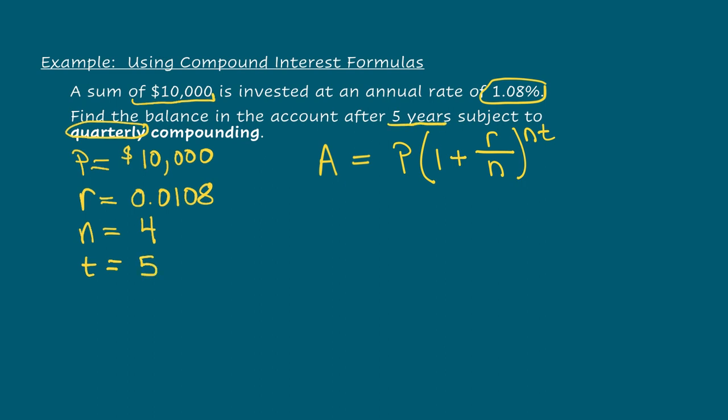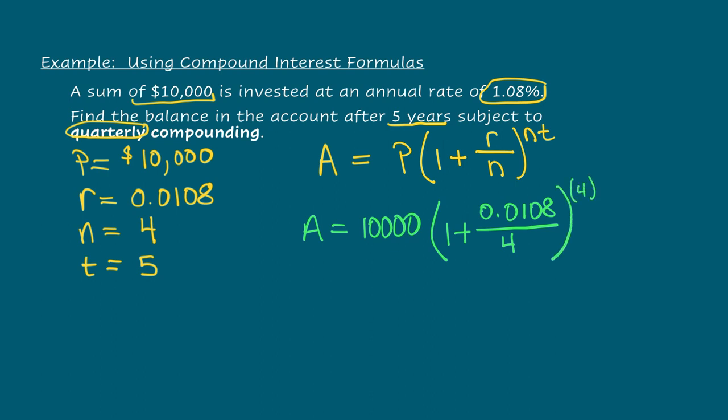Now we have everything we need. We can just plug it into our formula and solve. So A is equal to principal, which is 10,000, times 1 plus our rate, which is 0.0108, over n, which is 4, raised to n, which is 4, times 5.